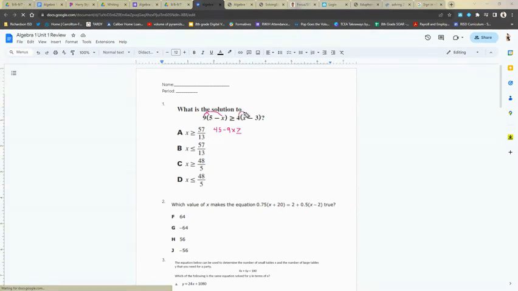I'm also going to multiply each term inside the parentheses: 4x minus 12. Then from here, I'm going to draw my railroad tracks, or your train tracks, whatever you call it.